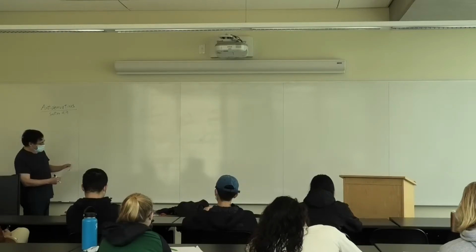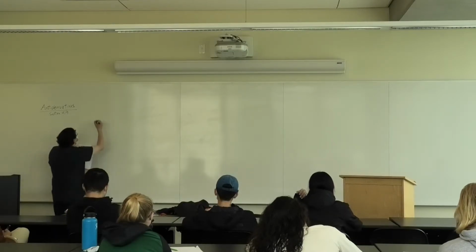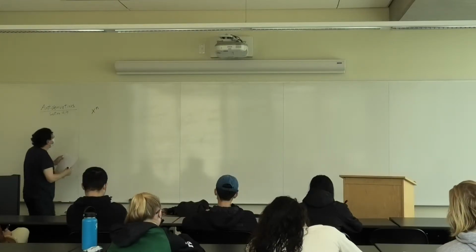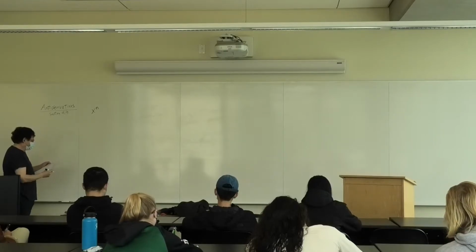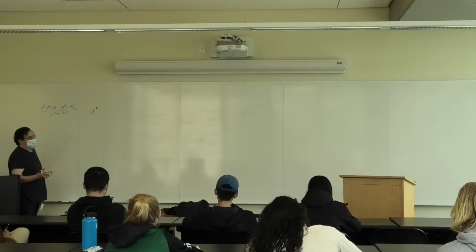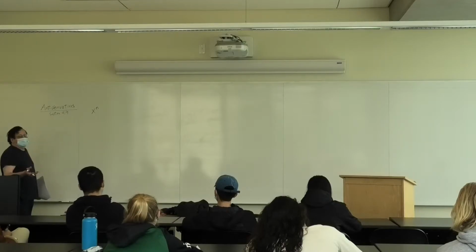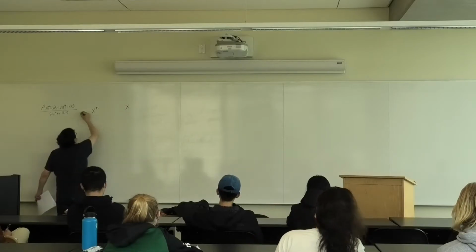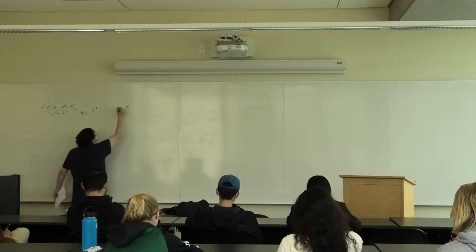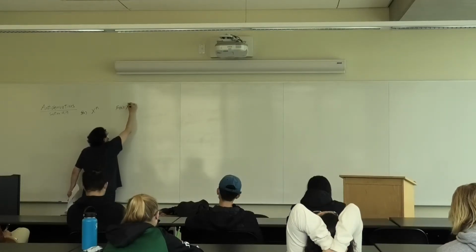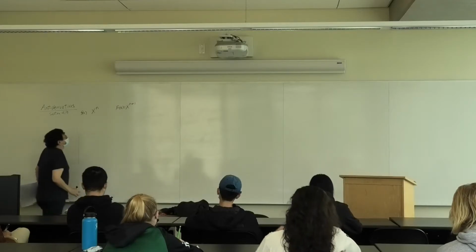All right, all right. Let's look at the antiderivative of x to the n. So, because of what we know about the power rule, we suspect, this is our f of x, we suspect our antiderivative is going to look something like this, x to the n plus 1.